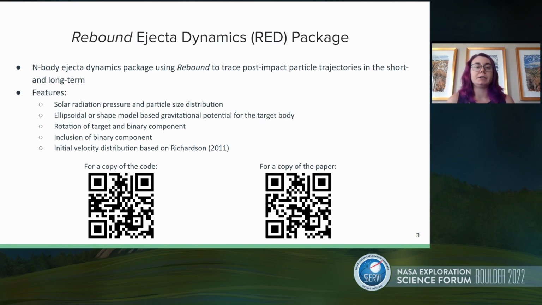This is an N-body ejecta dynamics package that I created using REBOUND, and it essentially traces the post-impact particle trajectories in both the short term and the long term. It has a bunch of different features such as solar radiation pressure and particle size distributions. You can input different shape models or total gravitational potential, different rotation, binary components, and so forth.